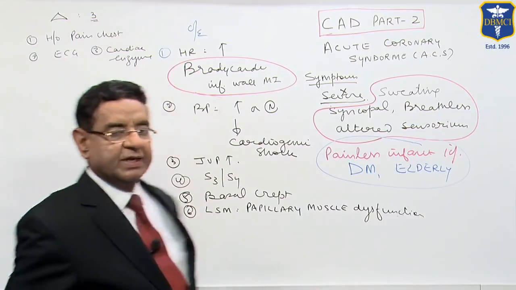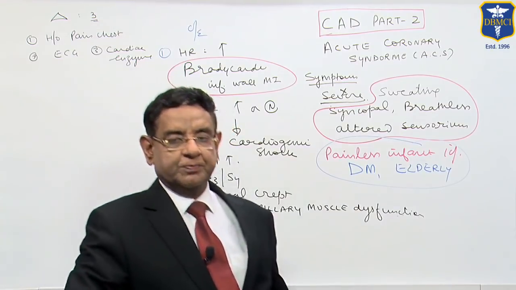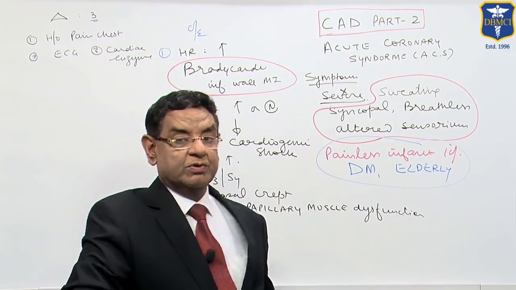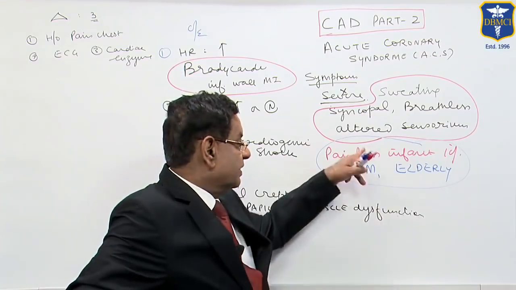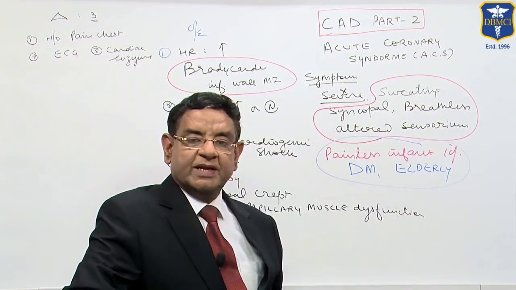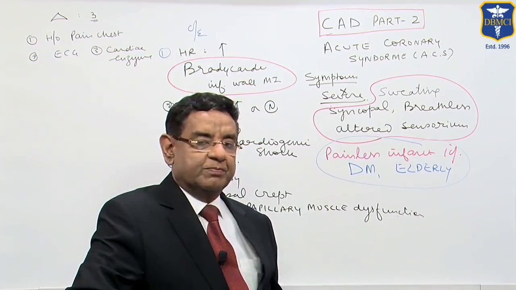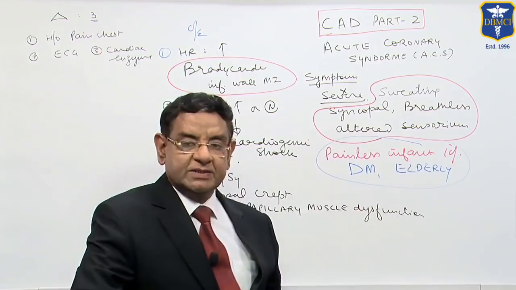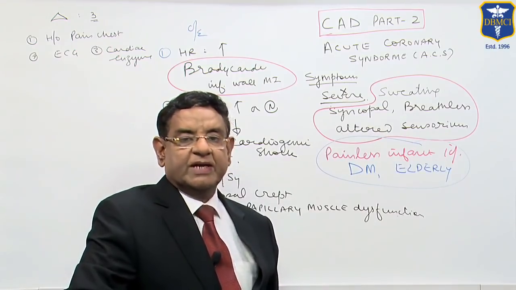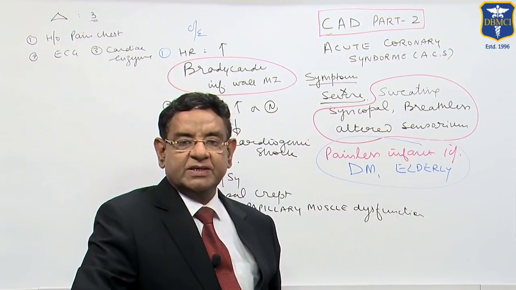We need at least two. Why two? Why not all three? I told you, pain in the chest may not be there in around 10% of cases. Then we diagnose the patient having some symptom like this, and then we are dependent on the cardiac enzyme and ECG.